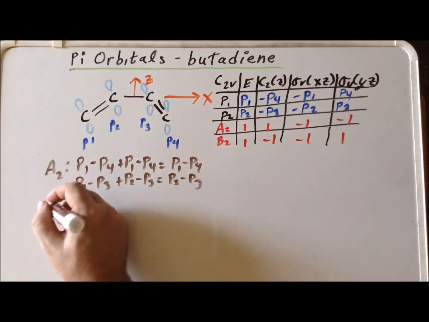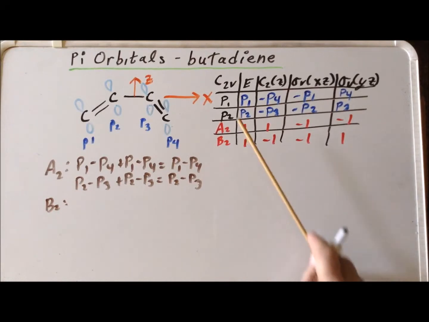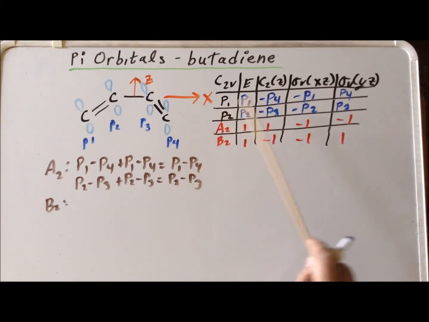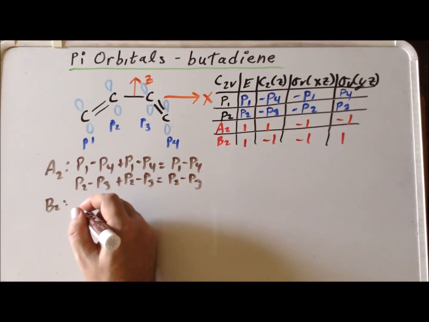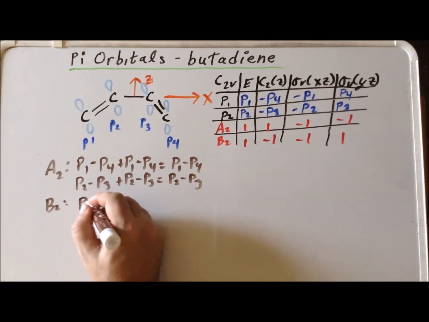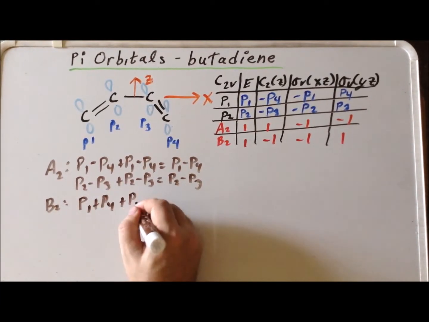So simply now we can use the same approach for B2, except now we're going to multiply each of the entries in the P1 or the P2 rows by the corresponding character in the B2 row. So for the first case, for P1, this gives us P1 plus P4 plus P1 plus P4.